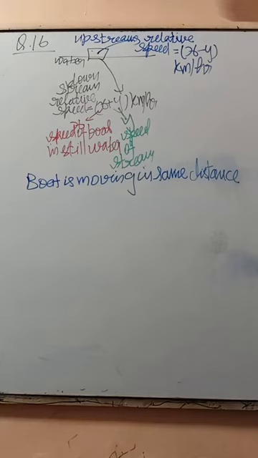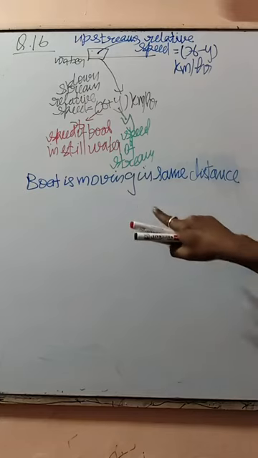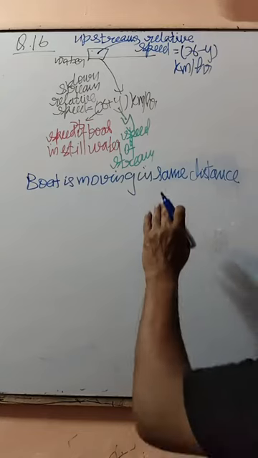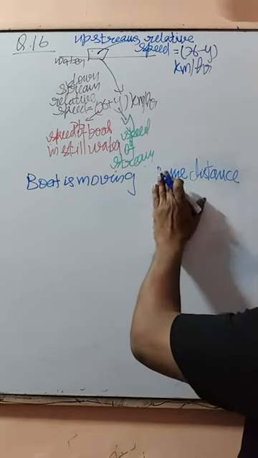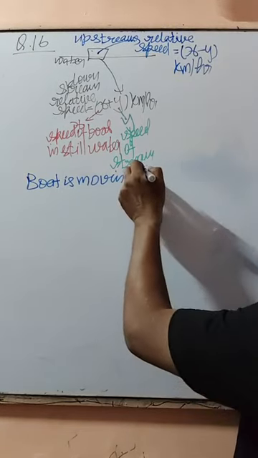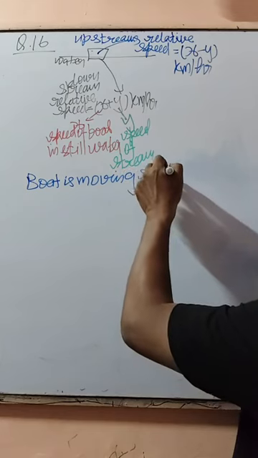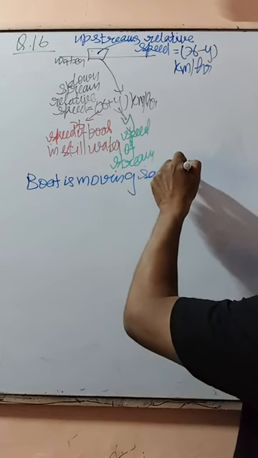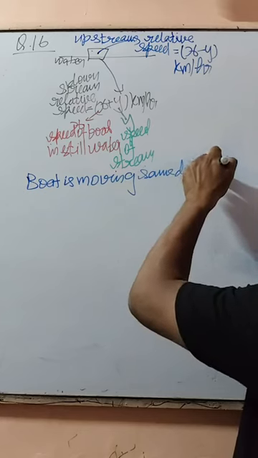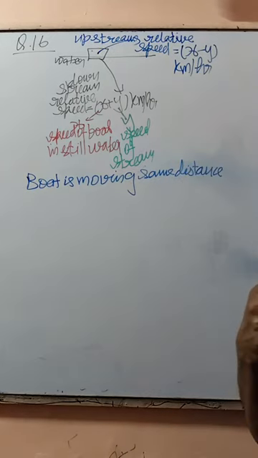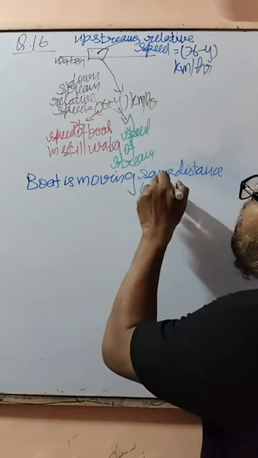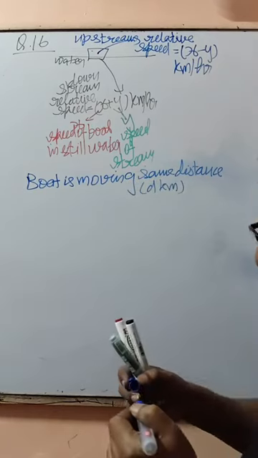The boat is moving the same distance, right? Yes, sir. Okay, now what does it mean? D kilometers. What is given now?